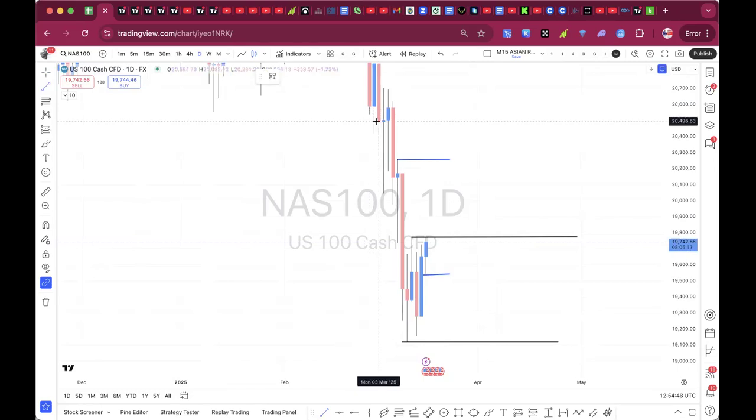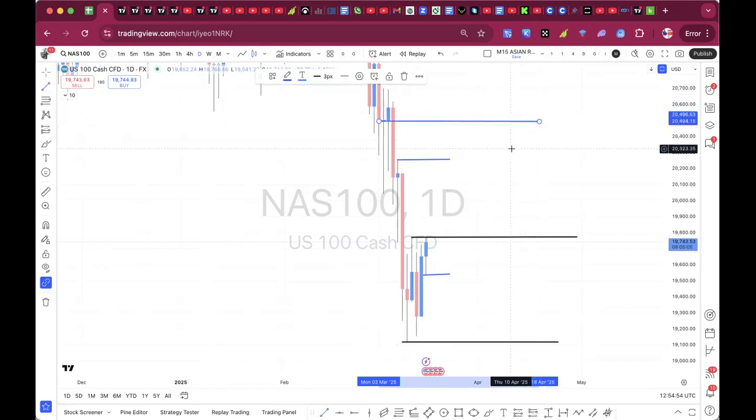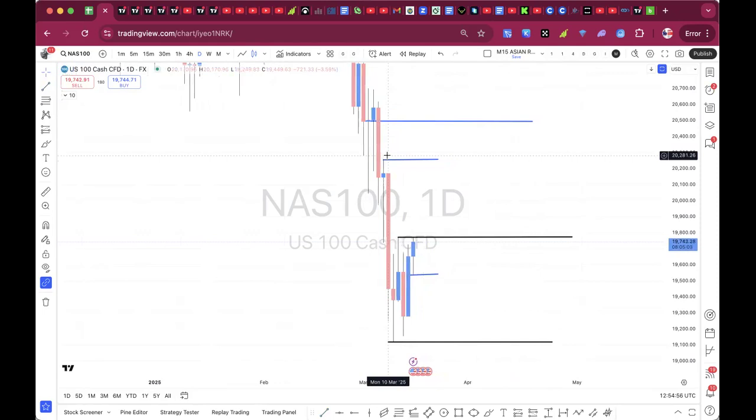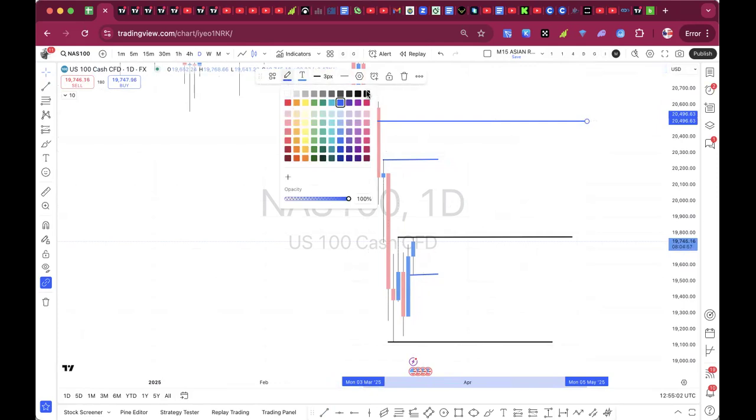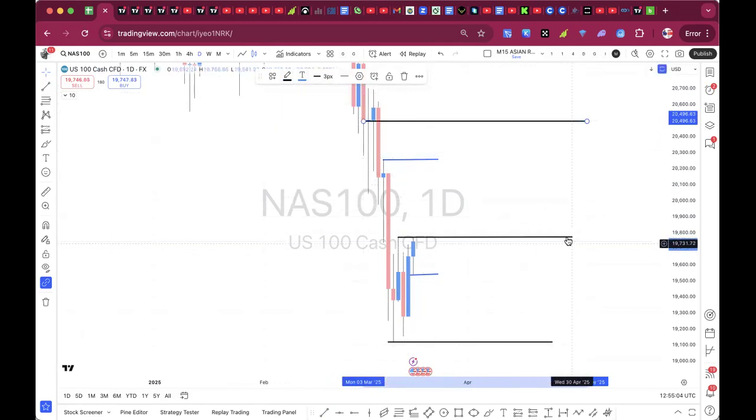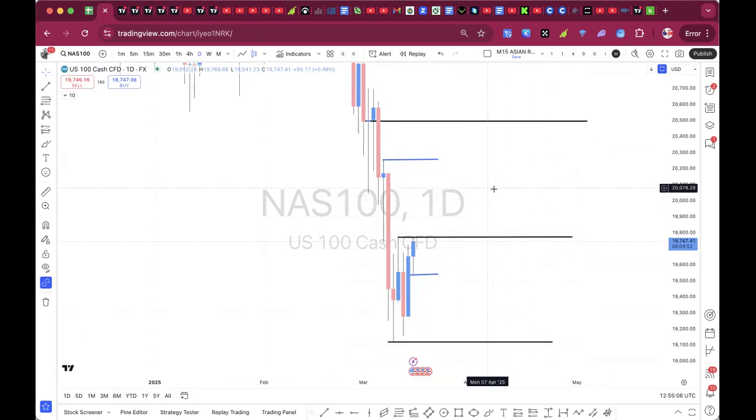So let's say this will have been another key level on the daily time frame. We have to denote the daily time frame differently to make it black. So yeah, let's go.